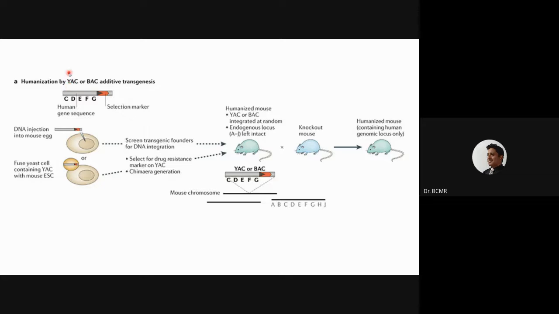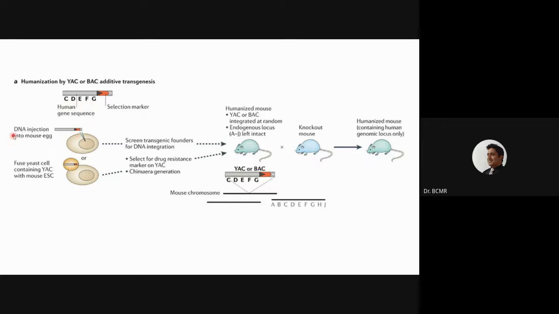YAC is yeast artificial chromosome, and BAC is bacterial artificial chromosome. And this is an additive transgenesis, which means you're not deleting anything. You're putting in an extra copy of the human sequence. You're not deleting anything that is present in the mouse. Instead, you're adding, for example, here, a CDEFG sequence into it.